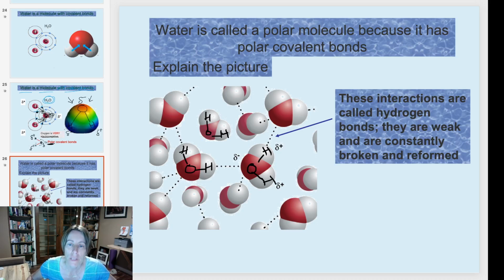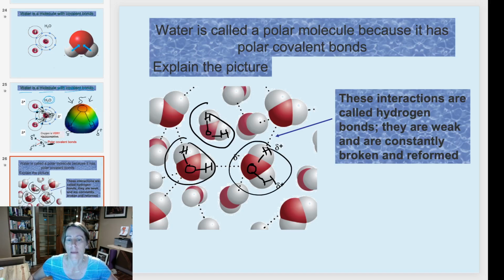All right, so there's something else going on here. There's dotted lines between these individual water molecules that are all floating around. What do those dotted lines represent? Well, every single water molecule in this diagram is the same. So they all have a little bit of a negative side and a little bit positive side.